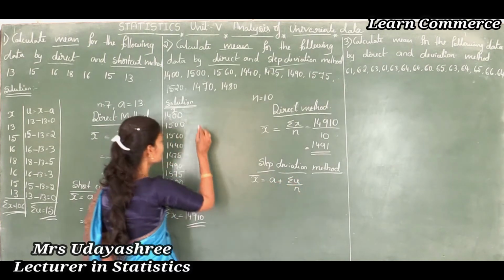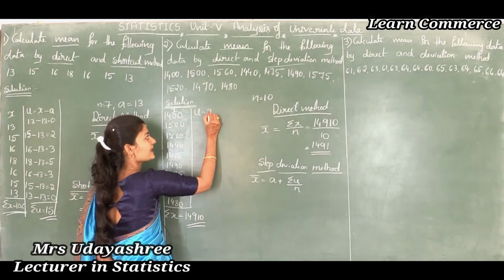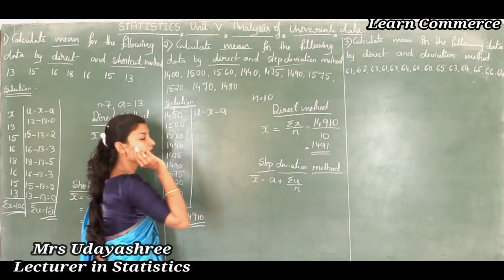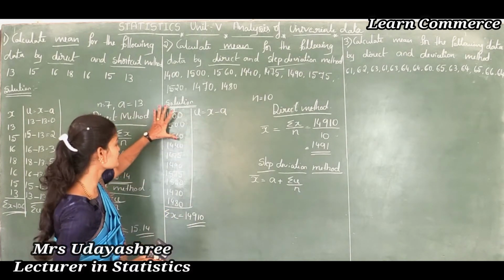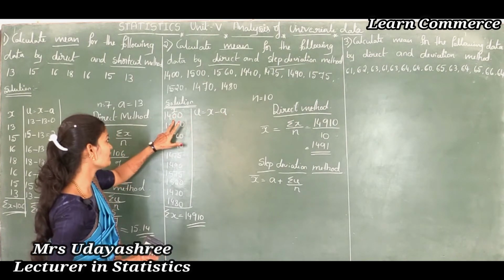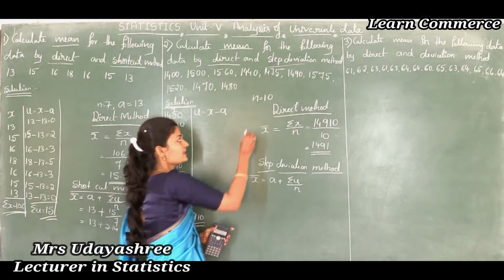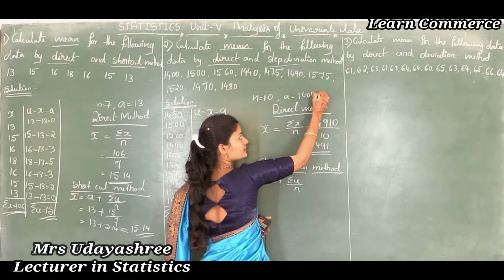We know how to calculate u. To calculate u, the formula is x minus a. What is a here? A is the assumed mean. Here I will consider the smallest value as a. The smallest value is 1400. Therefore a is equal to 1400.